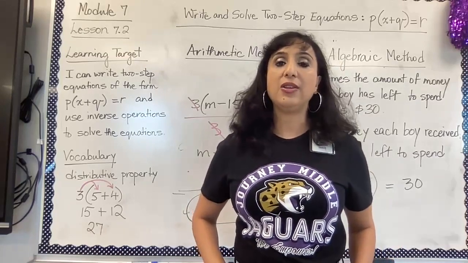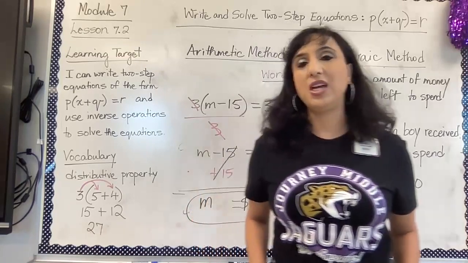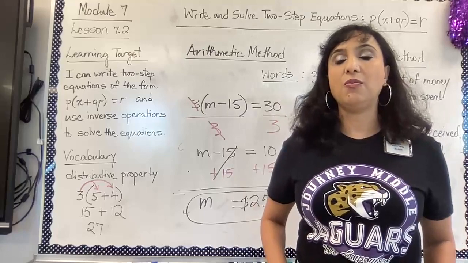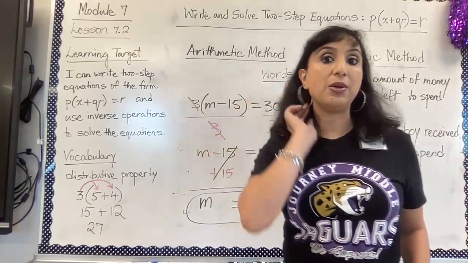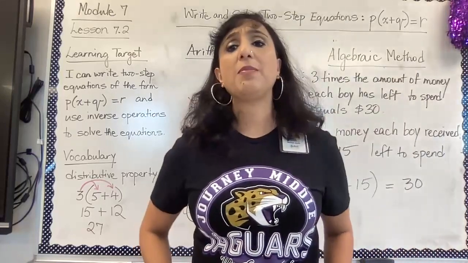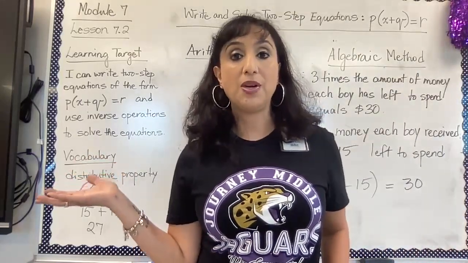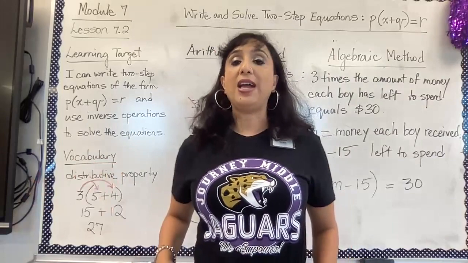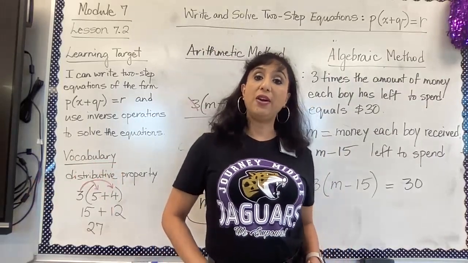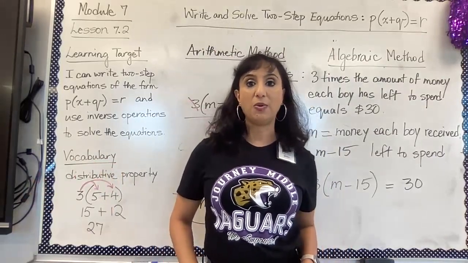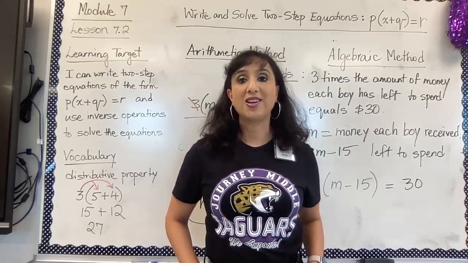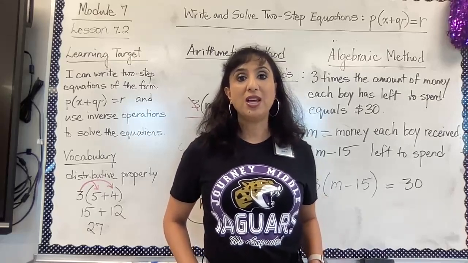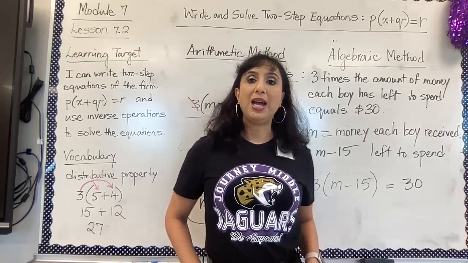And then the arithmetic method, where you're not using any variables. I mean, you can just do this straight up, without any variables. The algebraic method I showed you more, because you are giving a value to each variable. So you do have a variable, you have numbers, and you have operations in the algebraic method. But that's how we write and solve two-step equations in the format Px plus Q is equal to R.